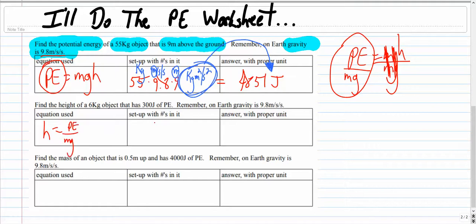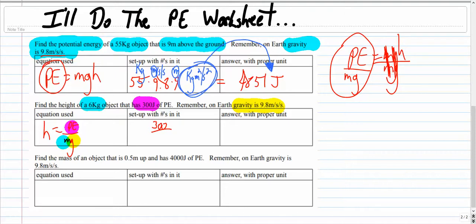So my potential energy was 300 divided by, oh, I didn't even read this problem to you guys, did I? 6 kilograms, that's my mass. 300 joules, that's my potential energy. Oh, not a good color choice, but I'm going to stick with it. And then gravity is 9.8, so there's my g.